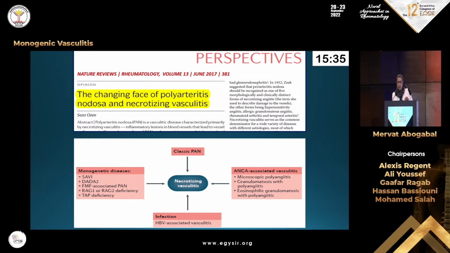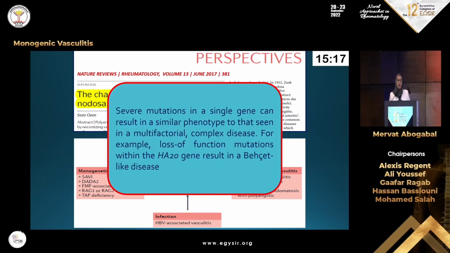In the same literature, they mentioned monogenic variants of vasculitis or monogenic disease to include SAVI, DADA2, familial Mediterranean fever-associated polyarteritis nodosa-like picture, and primary immune deficiency-associated necrotizing vasculitis. Also, in the same literature, they mentioned the definition of monogenic vasculitis.